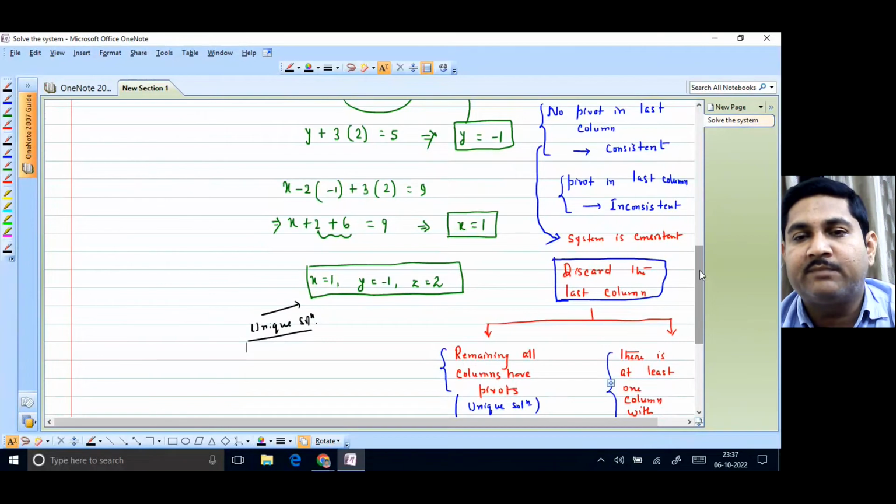With these two examples, I will discuss some more insight of the Gauss elimination technique, and I will try to develop the Gauss-Jordan method from the Gauss elimination technique.